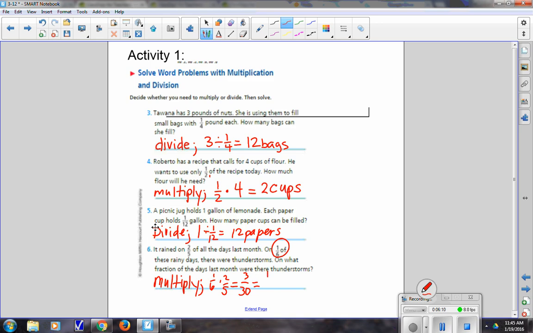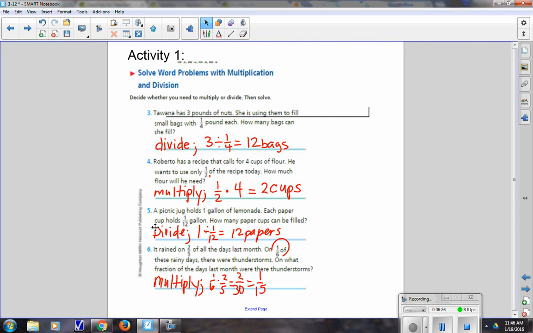Shouldn't it be 1/10? Oh, I'm sorry. Mrs. Crane can't multiply. I missed something there. So it should be 1/6 of 2/5 equals 2/30, which equals 1/15 of the days were thunderstorms.